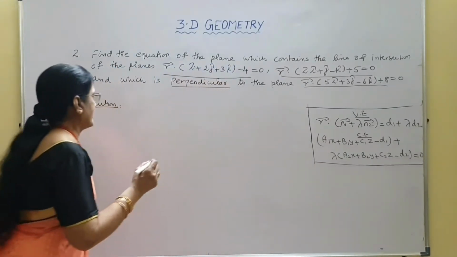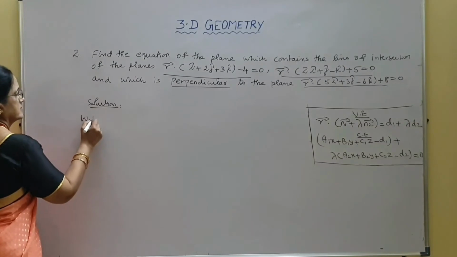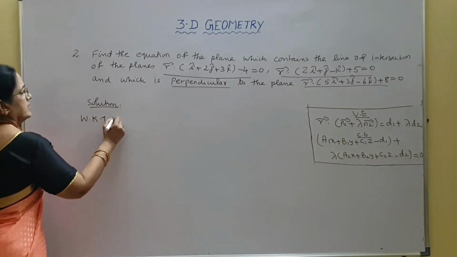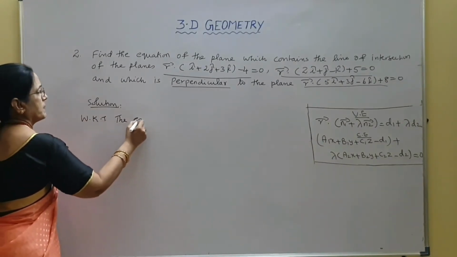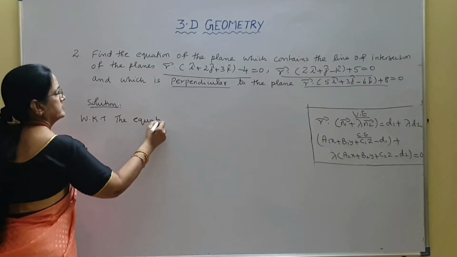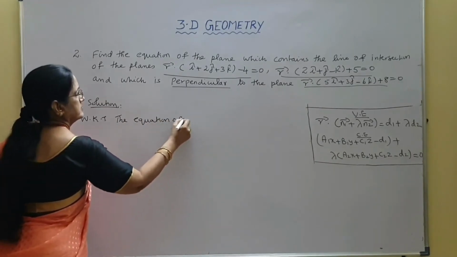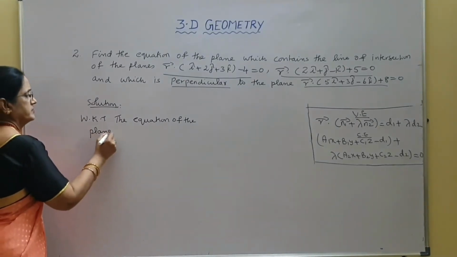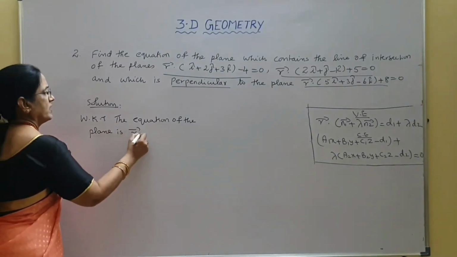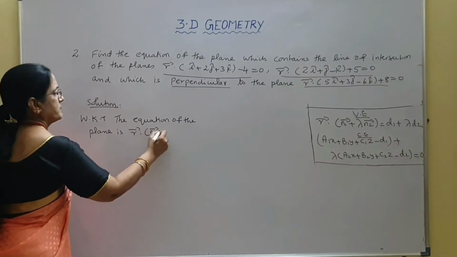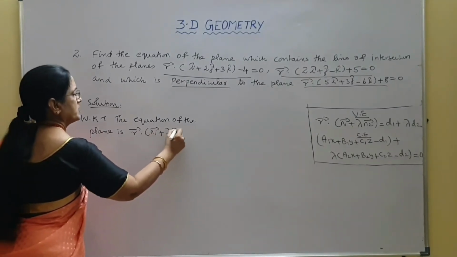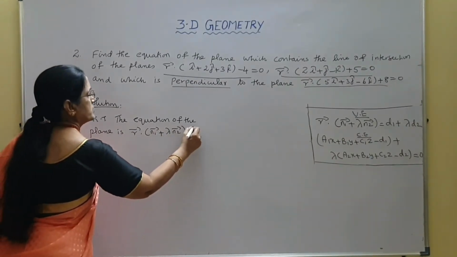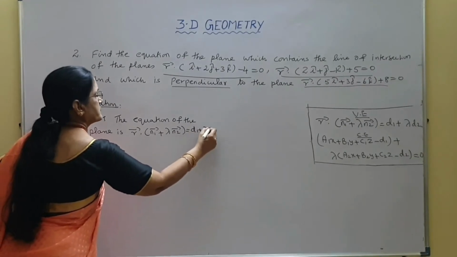Okay, so we know that the equation of the plane is vector r dot (n1 vector plus lambda times n2 vector) is equal to d1 plus lambda times d2.